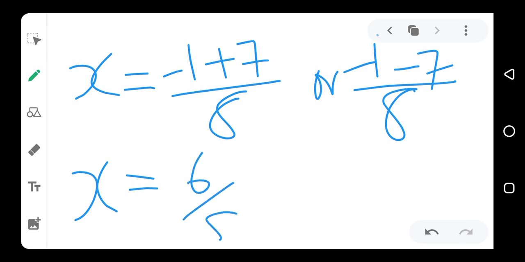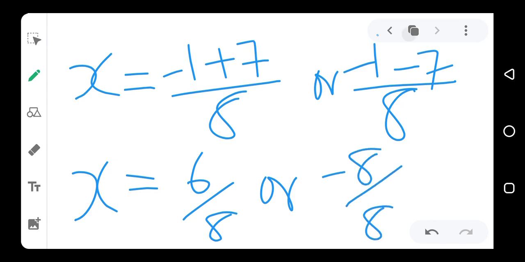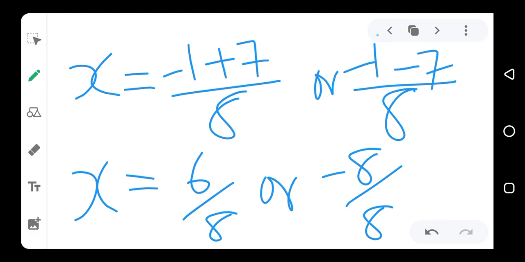6 over 8, or minus 1 minus 7, which is minus 8 over 8. Now the final x, here we can divide by 2: 2 divides 6 to get 3, and 2 divides 8 to get 4.